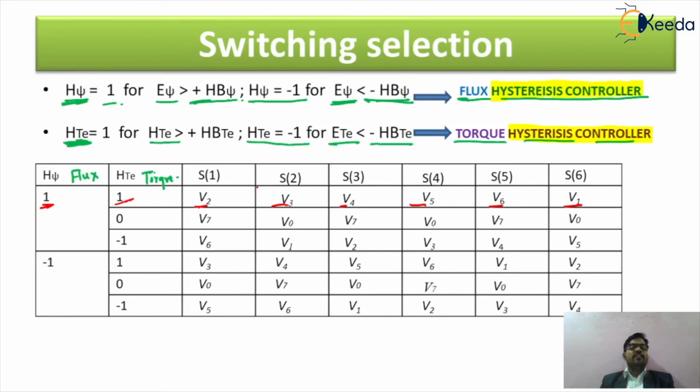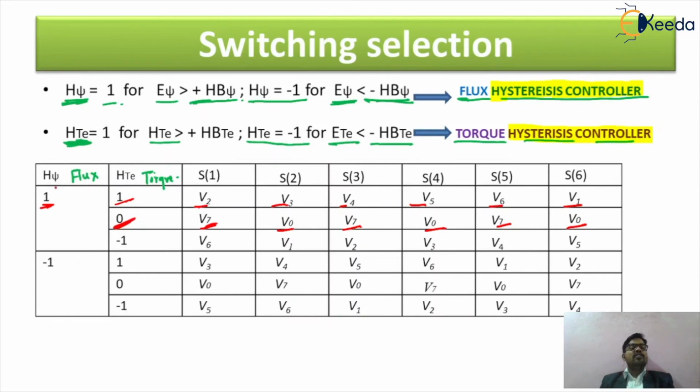If the value of Hψ is 1, the value of HT is 0. At that time the switches S1, S2, S3, S4, S5, S6 will give you V7, V0, V7, V0, V7, V0, because this is your zero state.